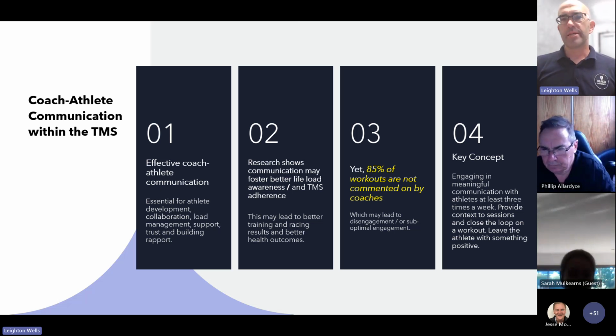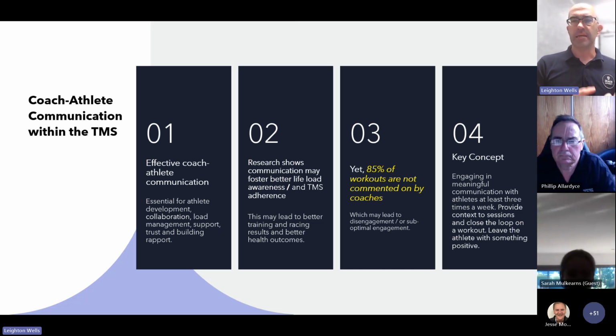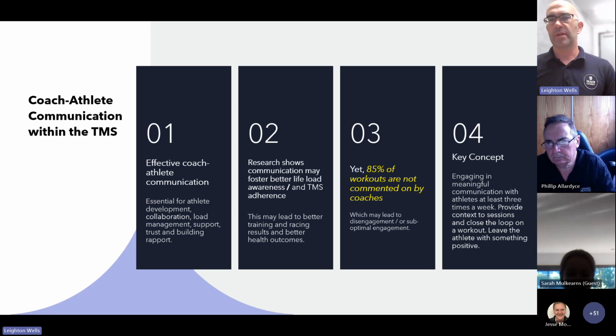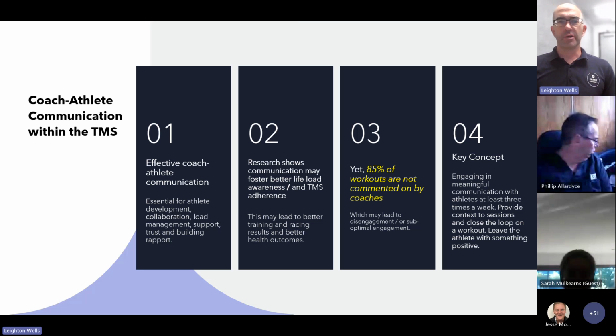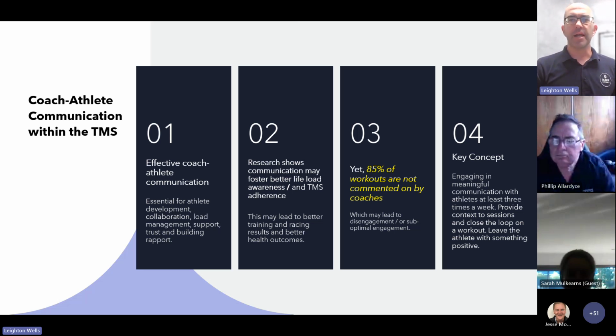We also see in the research that by commenting on workouts in that training management system, the athlete recognises that they're not just uploading data, going to the effort of measuring things with their watch or bicycle head unit and uploading data, and wondering, is the coach actually looking at this data?